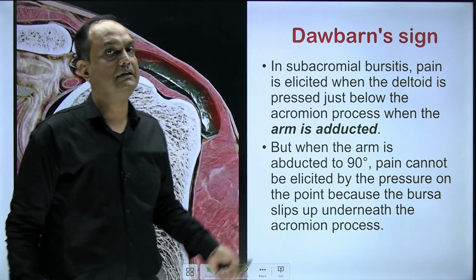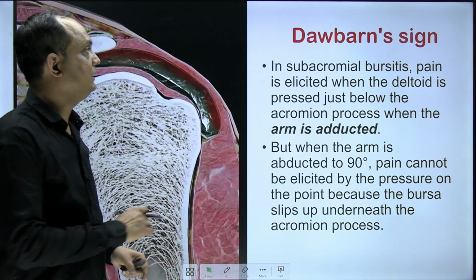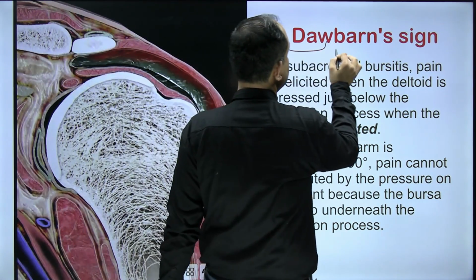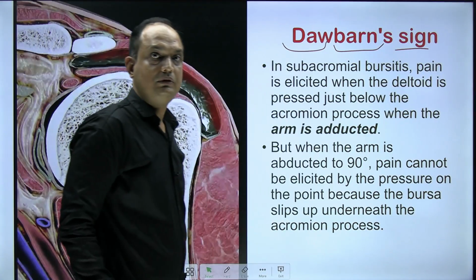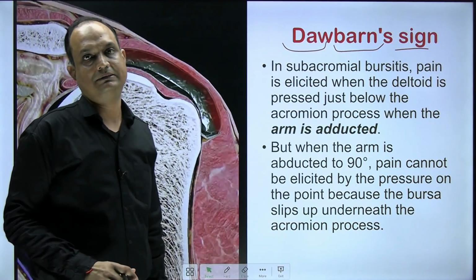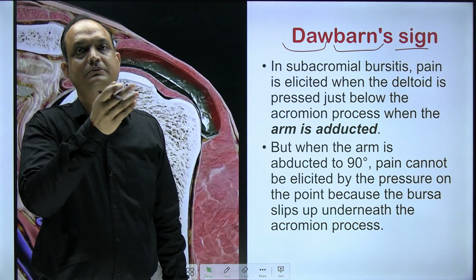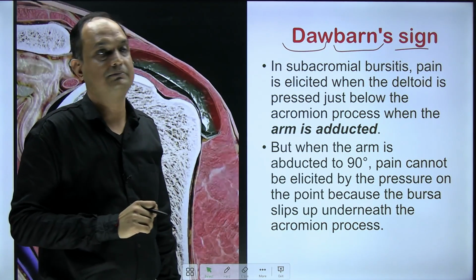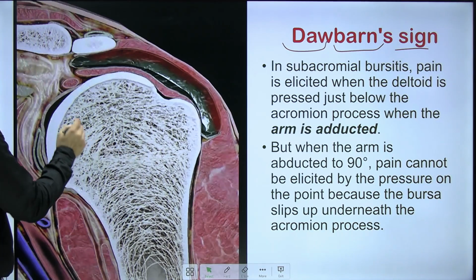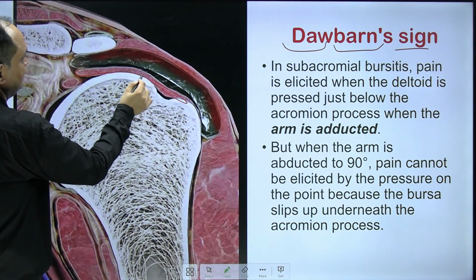Now, this is a very important clinical question for your exam. What is Dawbarn's sign? This Dawbarn sign is related to the subacromial bursa. I told you that the subacromial bursa lies below the acromion process but above the supraspinatus muscle. In this image you can see that this is your supraspinatus.